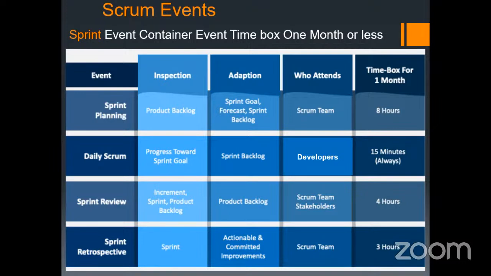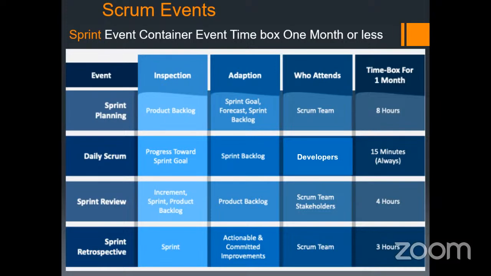If not, where does the change need to be done? The change needs to be done in the sprint backlog. As we said, once sprint goals are defined, they cannot be changed. But to achieve that sprint goal, sprint backlogs can be changed. And who attends the daily Scrum? Developers attend this daily Scrum.